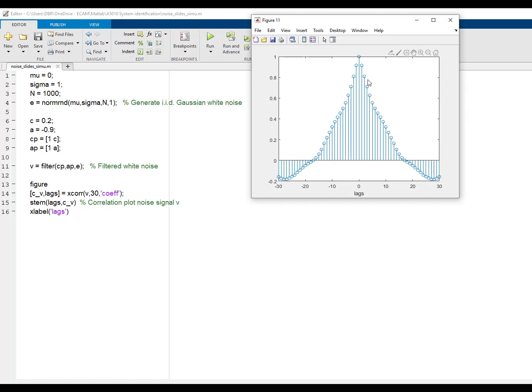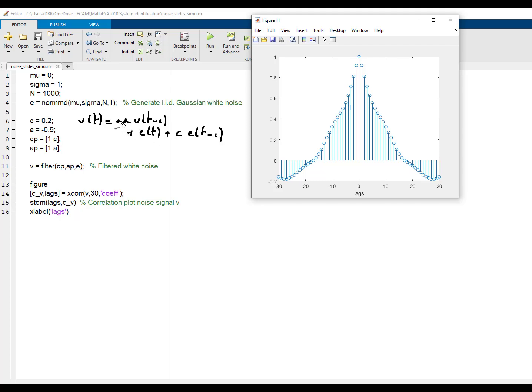You can see here that now clearly there is a strong correlation between v(t) and its past values. And remember that this is because we have v(t) equal to minus a v(t minus 1) plus e(t) plus c e(t minus 1).